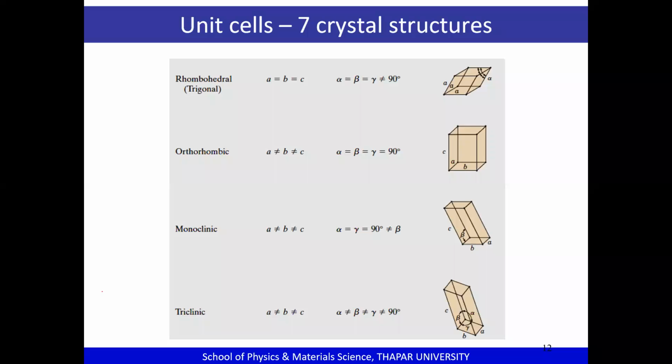The sixth system was monoclinic, where dimensions were unequal. 2 of the angles are equal and 90, but the third angle is different from 90 degrees. And the last one was triclinic, where neither the dimensions nor the angles are equal, and the angles were not 90 as well. None of the angles were 90. So these were the 7 possible geometries by which you can maintain the periodicity of the lattice in 3D.